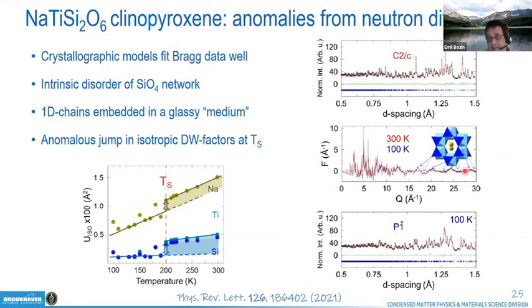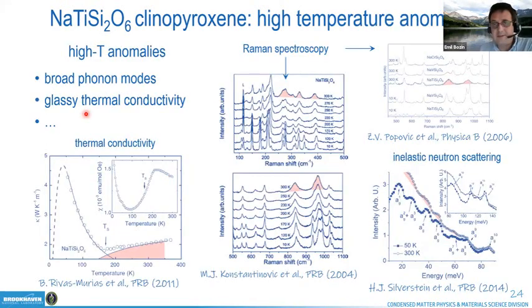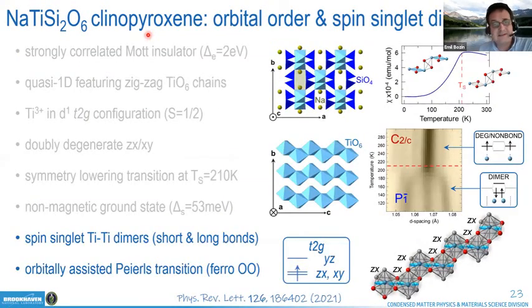That comes from this diffuse scattering signal, which is temperature independent and results from very strong silicon-oxygen bonding in this system, whereas the units are disordered throughout the structure. So from this standpoint you can think of this system as one-dimensional chains that are relatively well isolated and embedded in some kind of glass-type matrix.